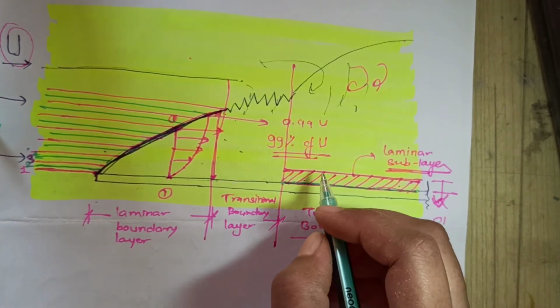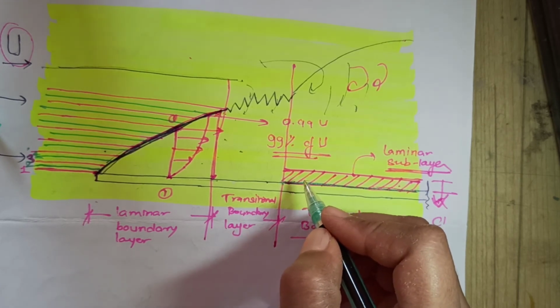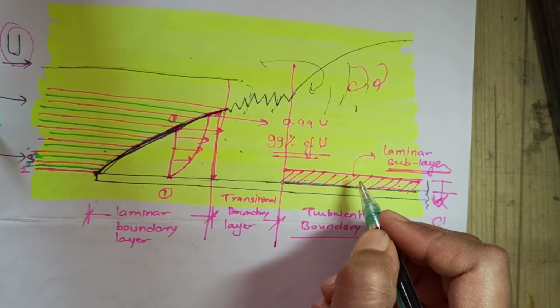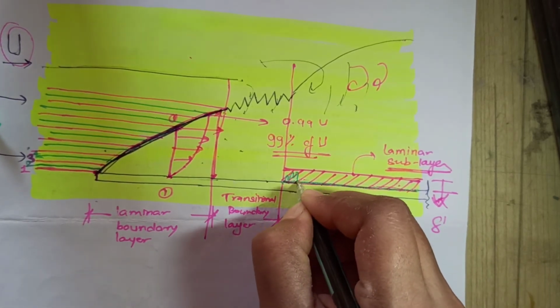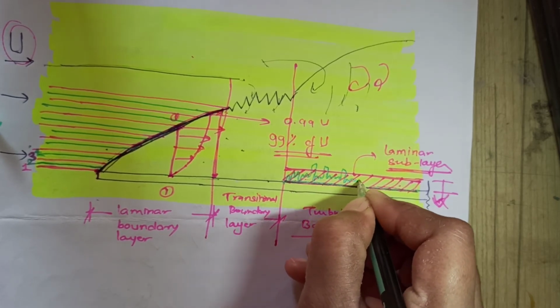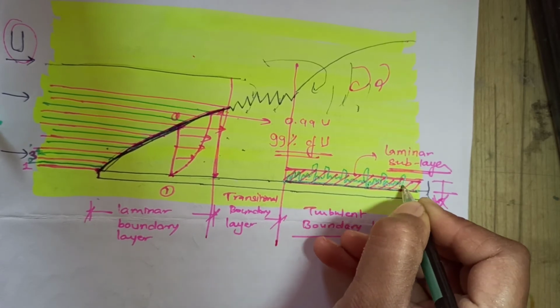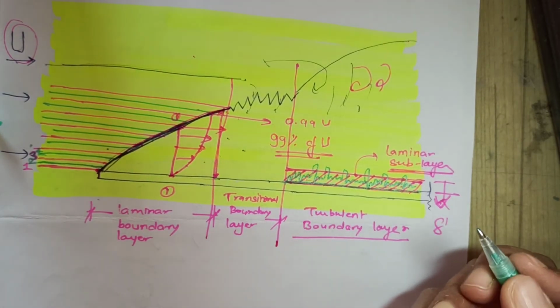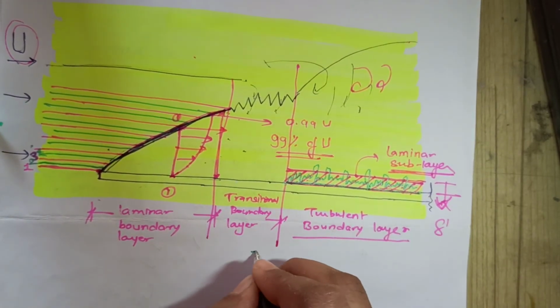So in this case there will be some undulations or ups and downs or roughness in the pipe surface material or plate surface material. So we can indicate them like this.